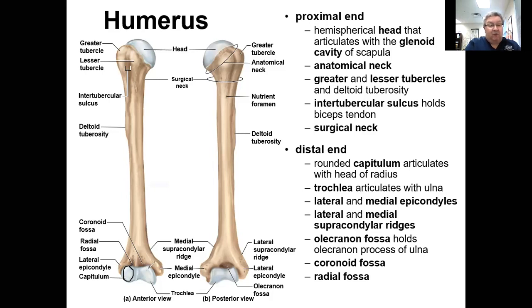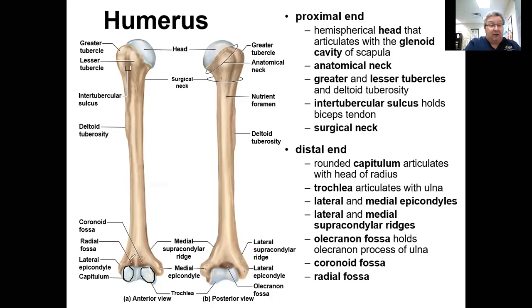The next bone right next to it is known as the trochlea. And the trochlea articulates with the ulna bone, the 2 bones of the forearm. So again, the capitulum articulates with the radius. The trochlea articulates with the ulna.